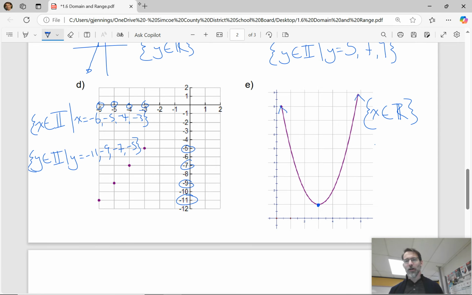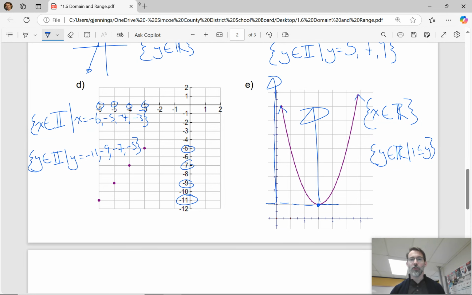And then y, on the other hand, the range, y is also of the real numbers. However, we have a minimum value there. So we would say 1 is less than or equal to y. Again, I'm listing it smallest to largest. 1 is the smallest possible value of y, and all of the other values of y happen to be up there. So any of those fall in the range, the mountain range.